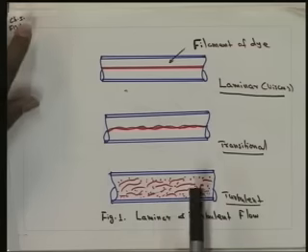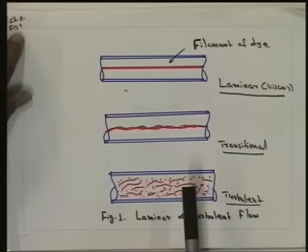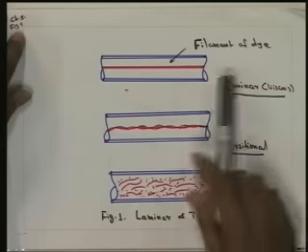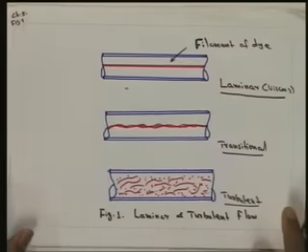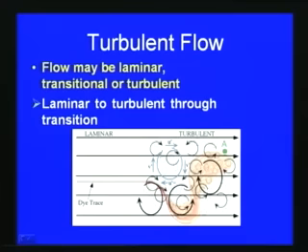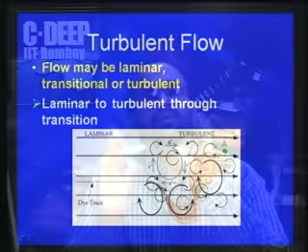Now we are going to discuss more on turbulent flow, as we have already covered the laminar flow at steady state. The flow goes from laminar to turbulent through a transition stage. Naturally, laminar flow is calm and mostly in layers.